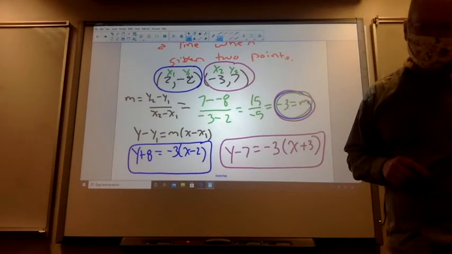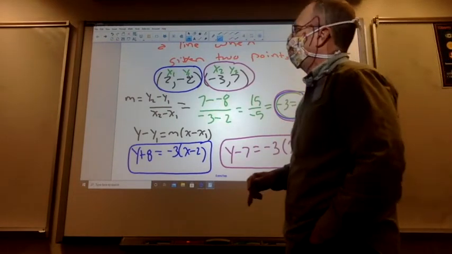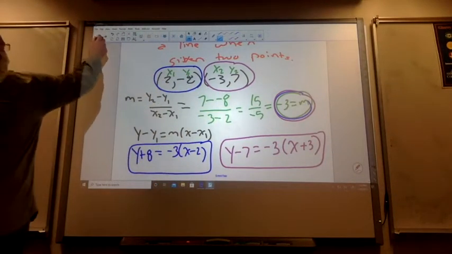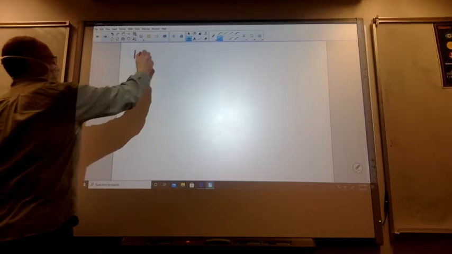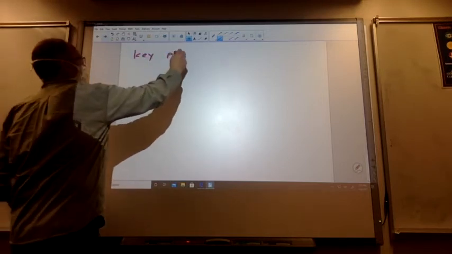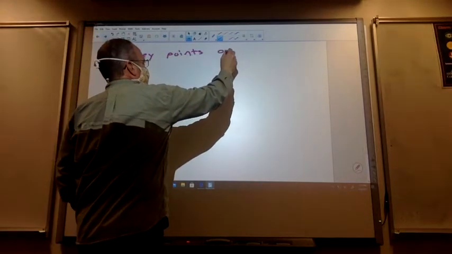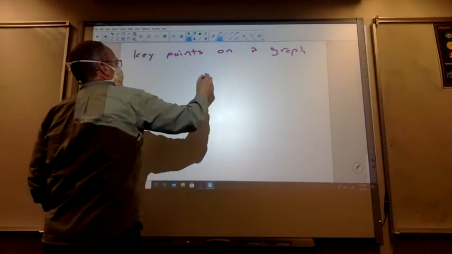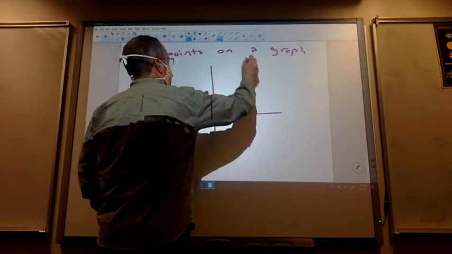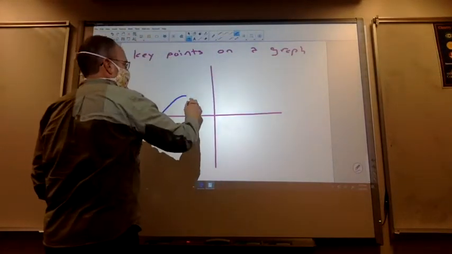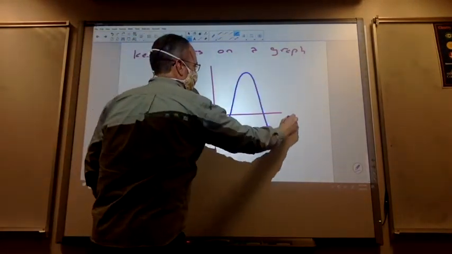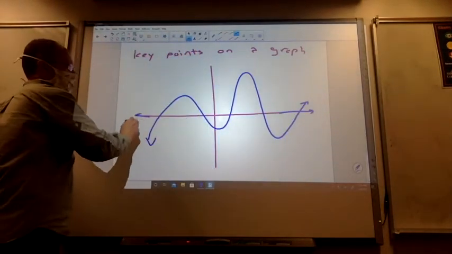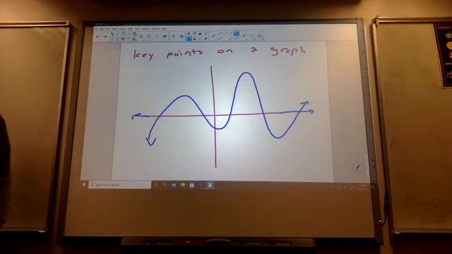Second thing is, can I move off here? Let's talk about key points on a graph. Okay, so let's say we have some xy axis, and I'm just going to draw something like this. Okay, I don't know what this equation is. I just know it curves a bit.